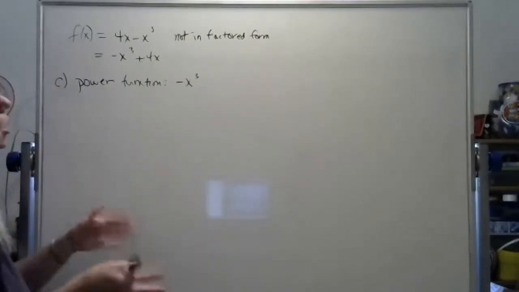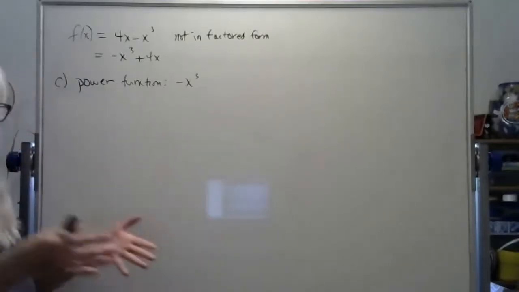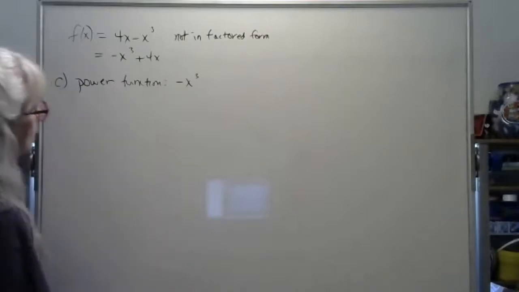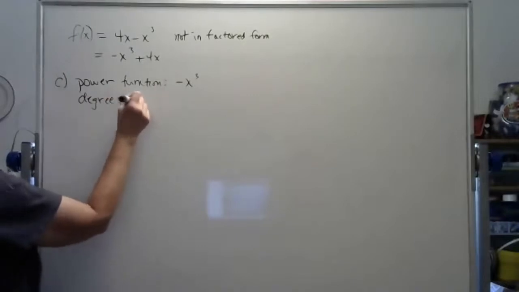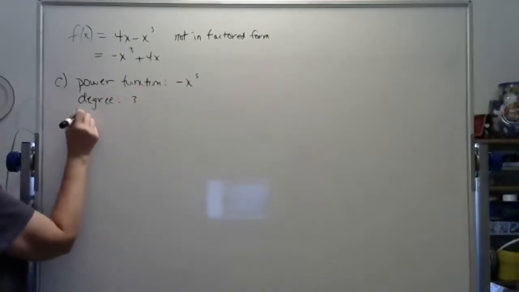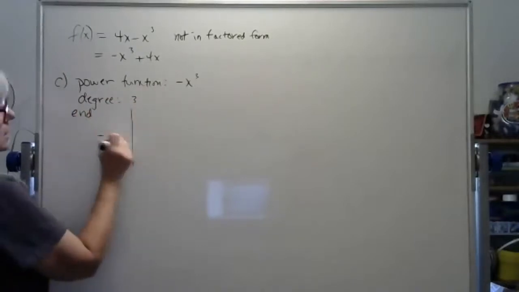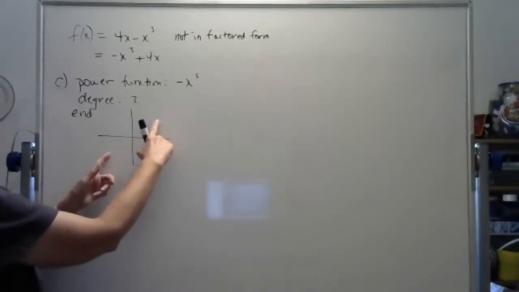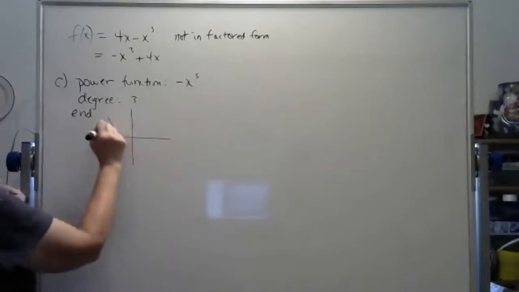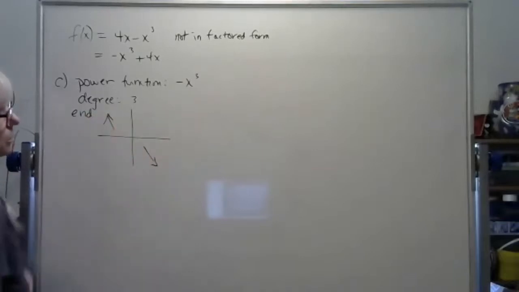I just look for the largest exponent. That's my leading term, and I know the power function. So this is another 3rd degree polynomial. And as far as the end behavior goes, because it's got a negative on it, it's going to reflect. Normally it would start below and end above, but we'll reflect it. So it's going to start above and end below.